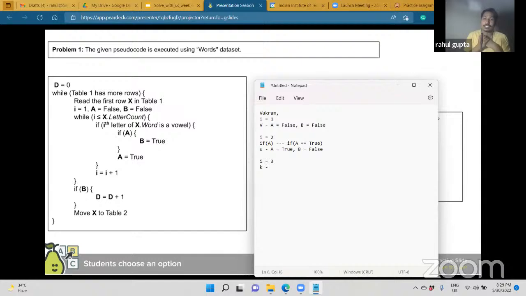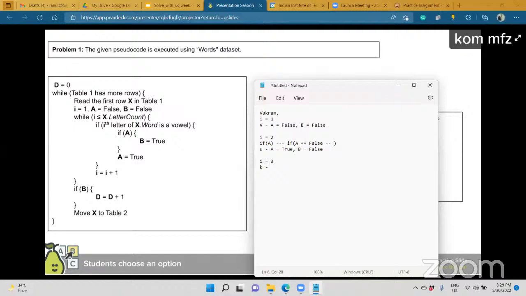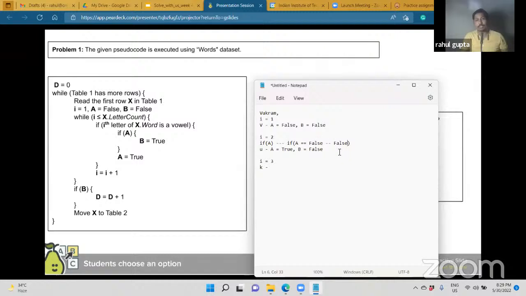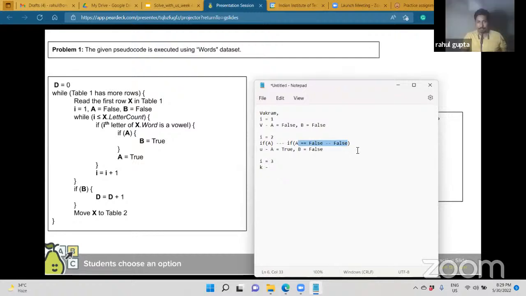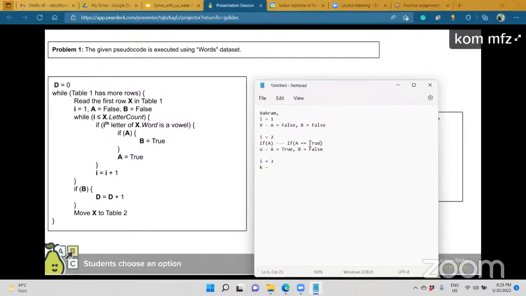Yes, sir. A is false. So if I write here A is false, you will say the result will be false, right? Yes, sir. But if A is true, then it will be true, right? True. Yes, sir. I understood what the problem is with you, so I'll write it again. So then it will enter. So if A means if A is equal to true. Okay. Yes, sir.